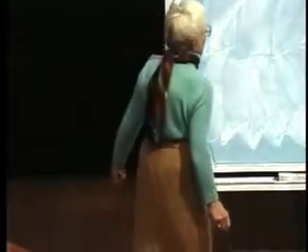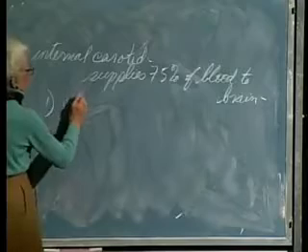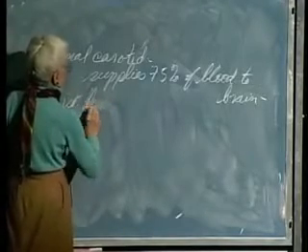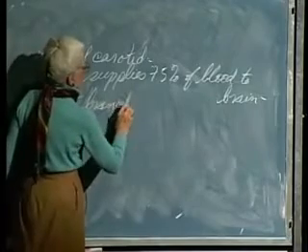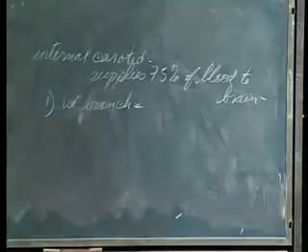Terribly important. First branch of the internal carotid will be the ophthalmic artery. Where is it going to be going? To the eyeball.